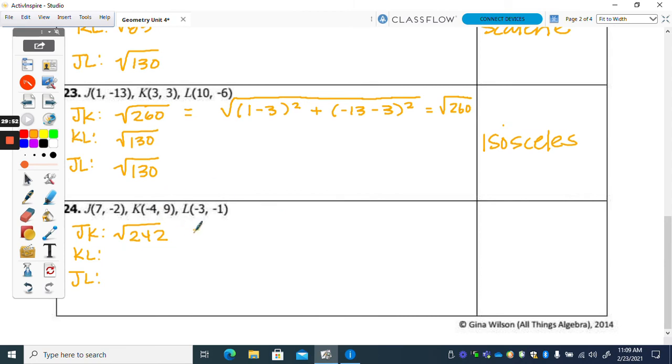Yeah. That's supposed to be calculated. Sometimes if you miss one of those negatives, that's why I advise you to put those in parentheses.